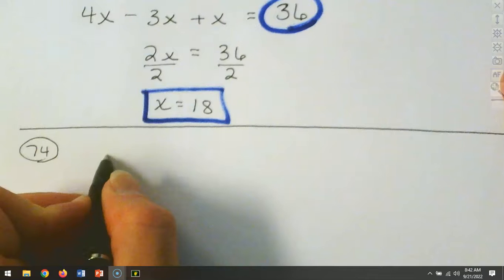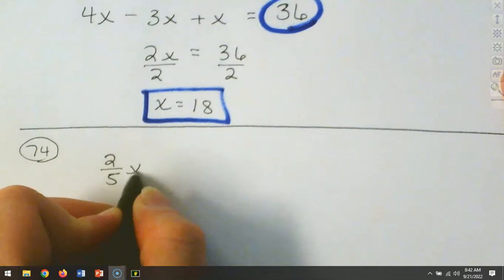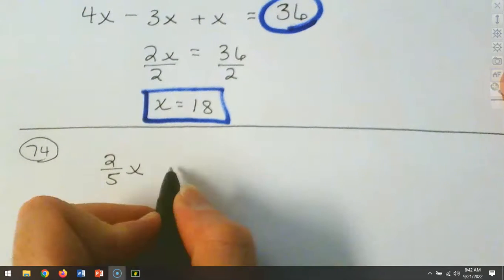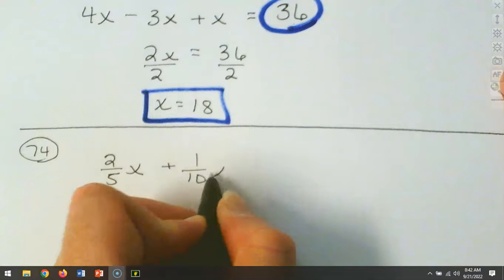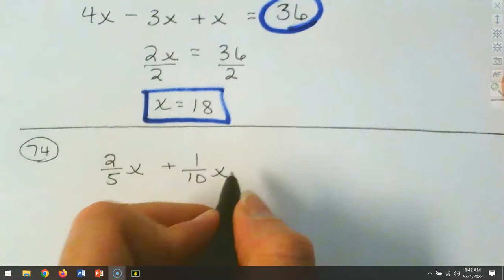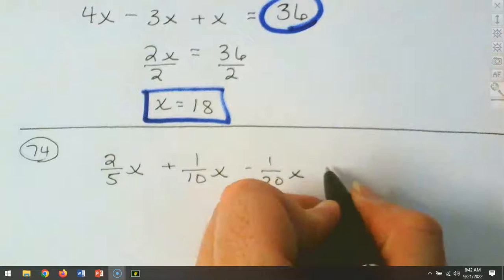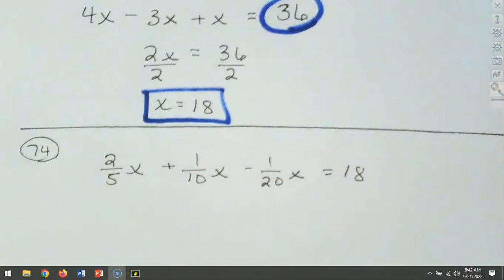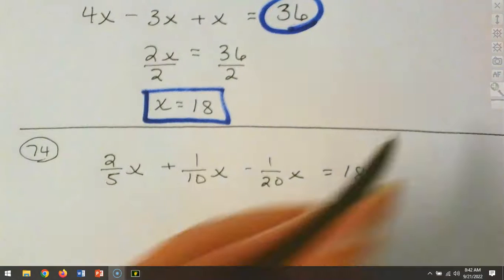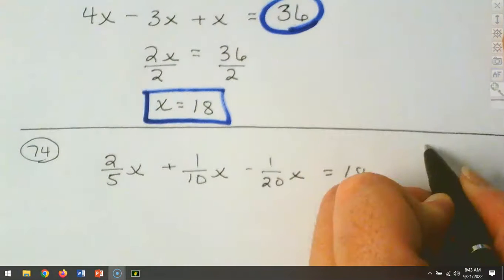So 74, we've got 2/5 x plus 1/10 x minus 1/20 x equals now 18. So let's talk about now our least common denominator.